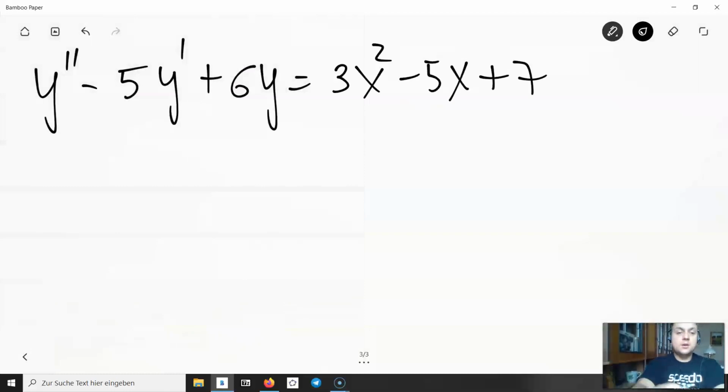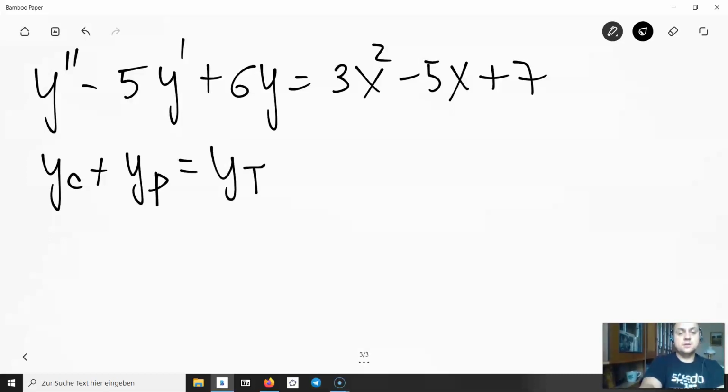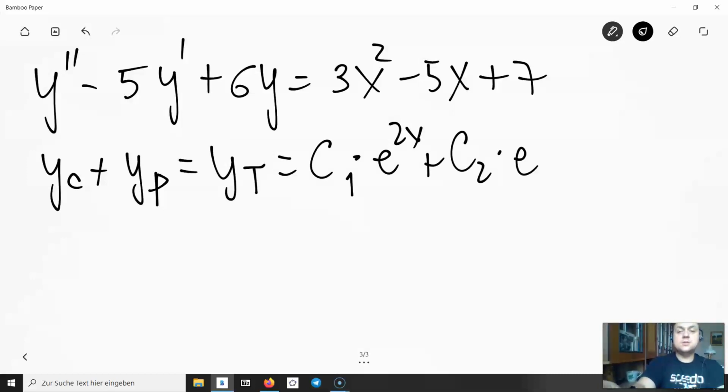And we know now that the complementary solution was already given in the previous video. So we have y complementary plus y particular. This is our total solution. And what would that be? This was c1 times e to the power of 2x plus c2 times e to the power of 3x. And now the idea is the same.